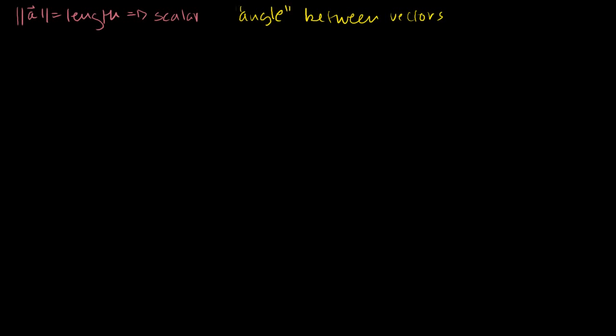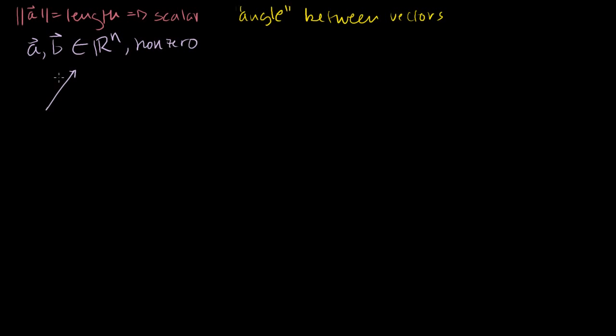So let's say I have 2 vectors, vectors a and b. They're non-zero, and they're members of Rn. And I don't have a notion of the angle between them yet, but let me just draw them as if I could draw them in 2 dimensions.